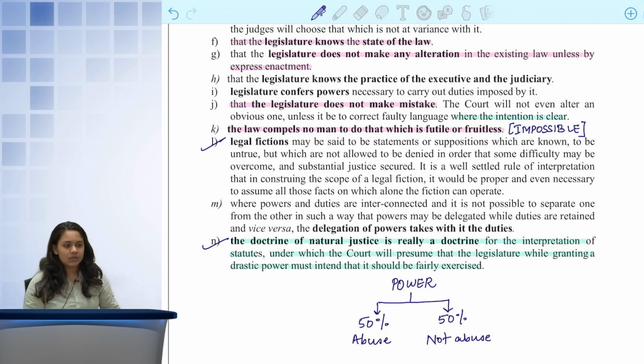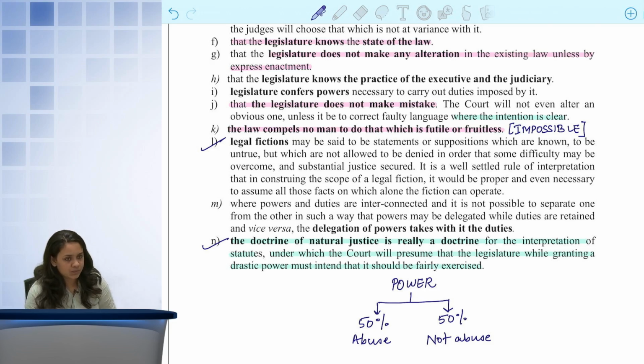So what exactly are the principles of natural justice? We see that in chapter number 4, your administrative law. It is a principle which is in existence so as to keep administrative power in check. It is to ensure that proper process is being followed without abuse.